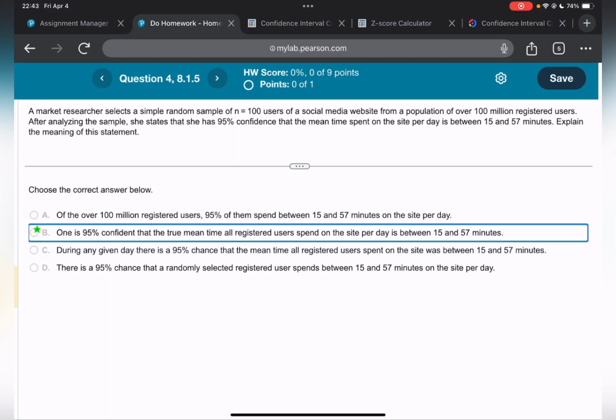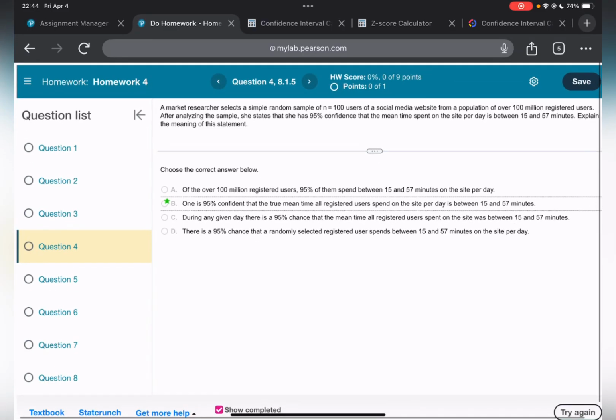To be honest with you, either one could fit, but out of these four, this one is the best because it's the proper way to say it: with a 95% confidence interval, the true mean is between this and this. The true mean, because they can claim the mean is this much, but the reality is the mean is located within this interval. All right, moving to question number 5.